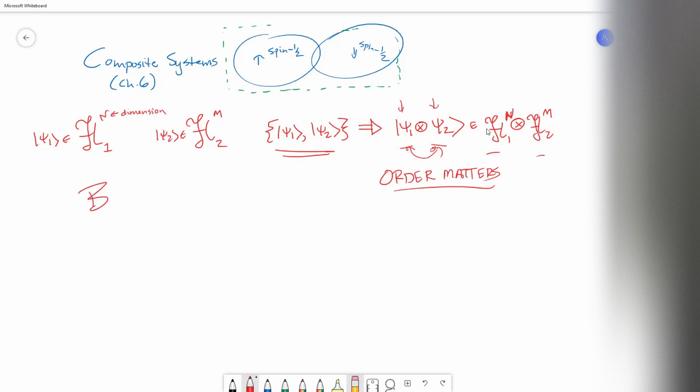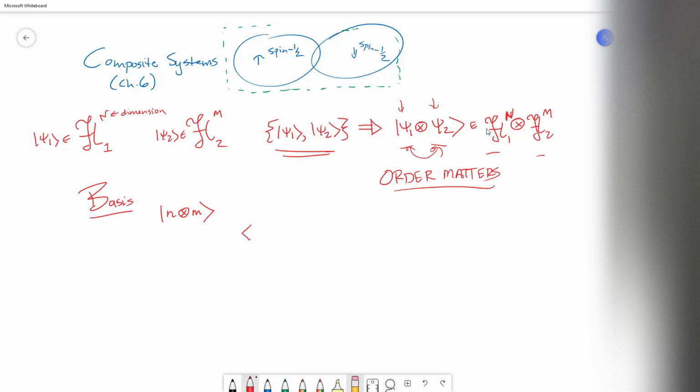And so now you can do what we usually do, which is, let's write down a basis for this tensor product space. What would it be? Well, you would take the basis of the first space and the basis of the second one and just look at all combinations like that.